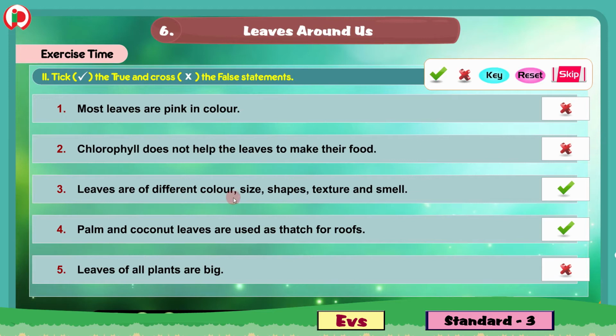Leaves are of different color, size, shape, texture and smell. Yes, this is true. 4. Palm and coconut leaves are used as thatch for roofs. Yes, this is a true statement. 5. Leaves of all plants are big. No, this is a false statement. Now we will move to the next bit.